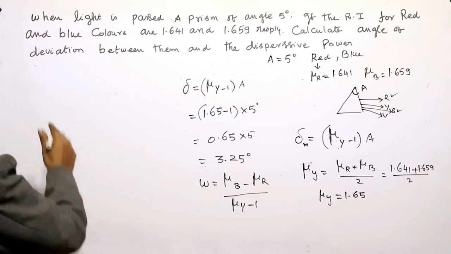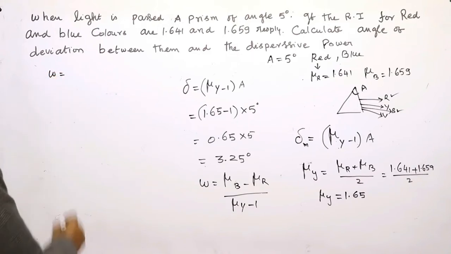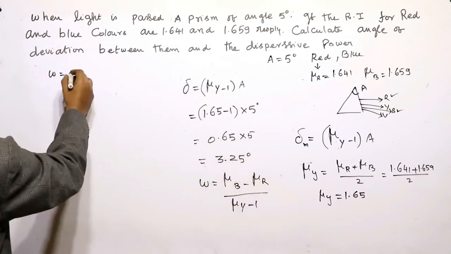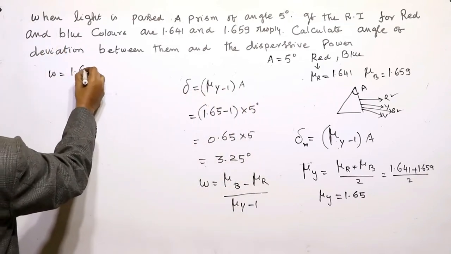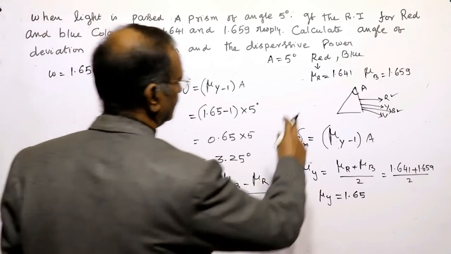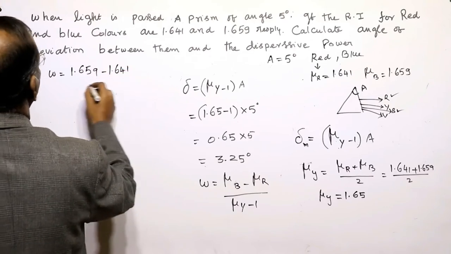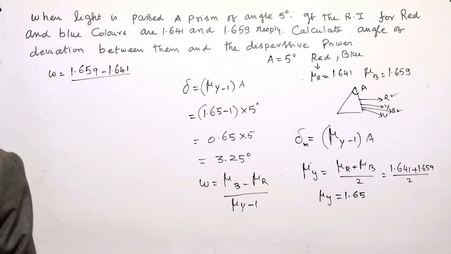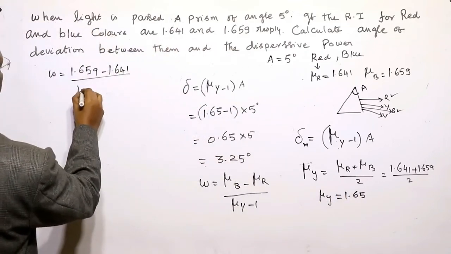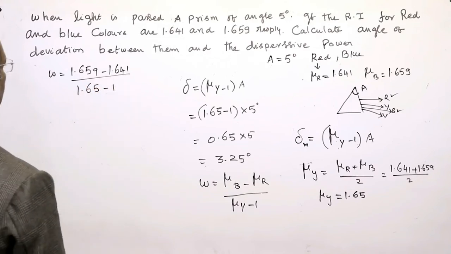So the dispersive power omega is equal to the refractive index of blue, 1.659, minus the refractive index of red, 1.641, divided by the refractive index of yellow, 1.65, minus 1.